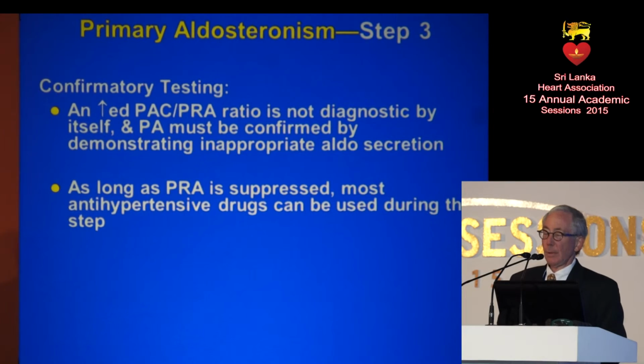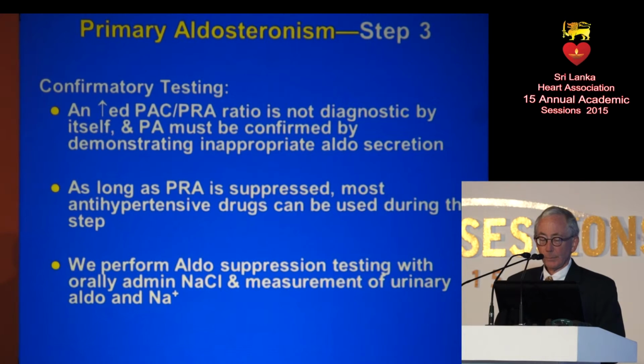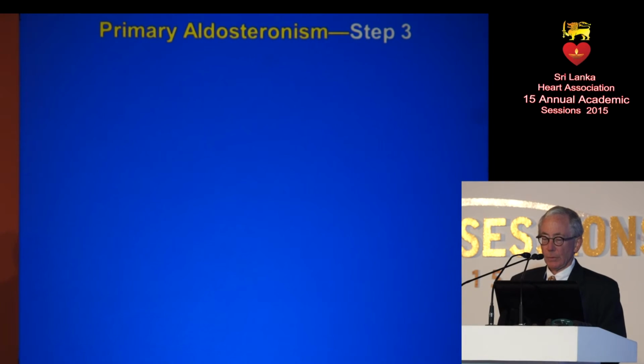And as long as the plasma renin activity is suppressed, most antihypertensive drugs can be used during this step, as I have previously stated, with the exception, of course, of amiloride and mineralocorticoid receptor blockers. So typically, we perform aldosterone suppression testing with orally administered sodium chloride and then measurement of urinary aldosterone and sodium.